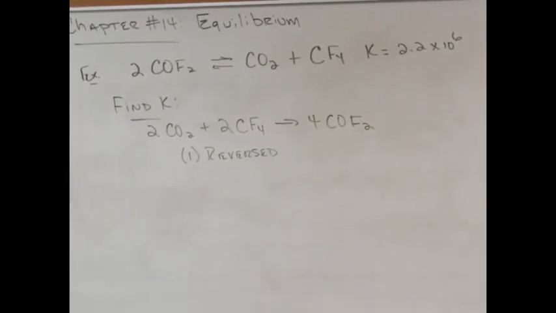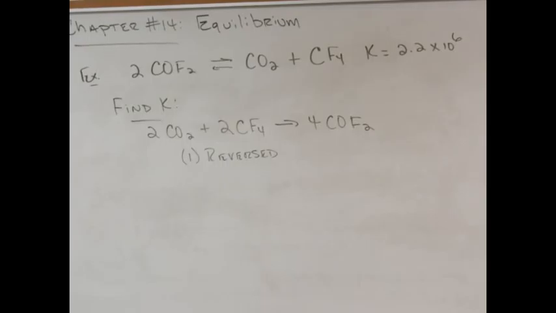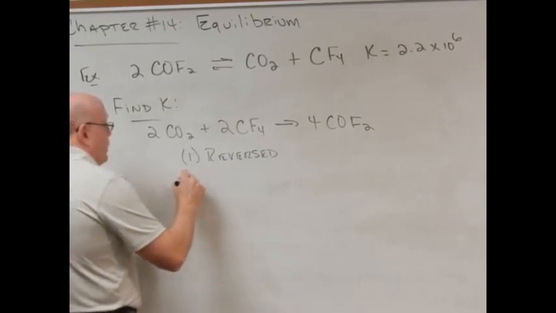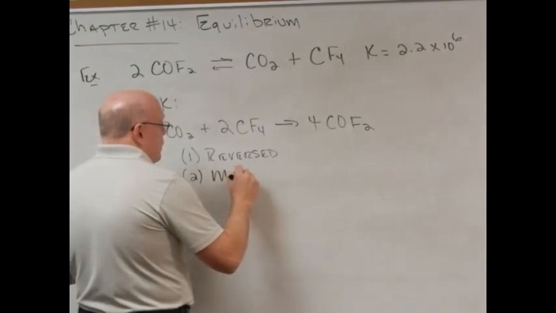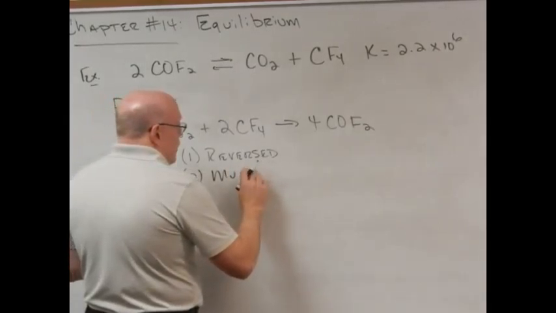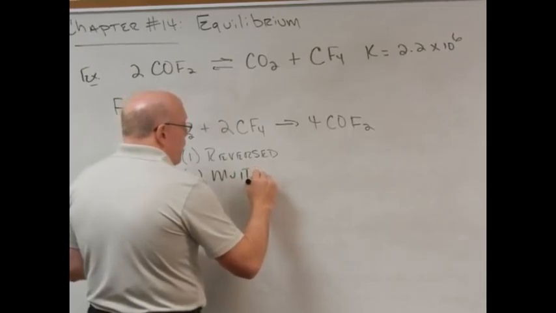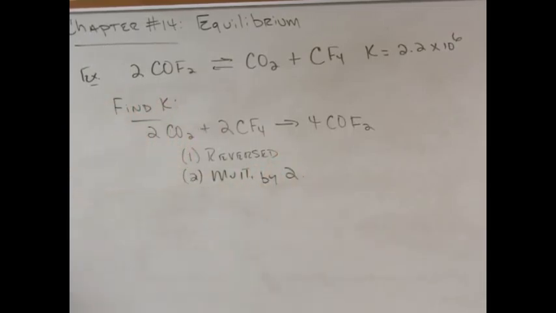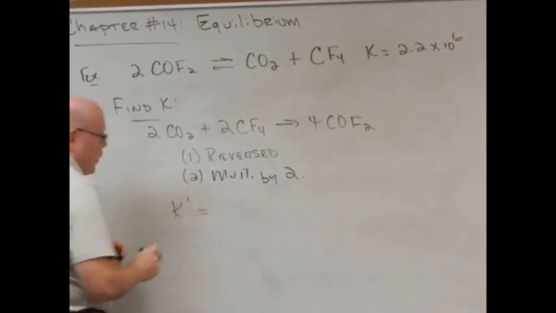Second thing they did, they've taken all the coefficients and multiplied them by 2. So based on the rules, if we're asked to find the new equilibrium expression, we have to apply the rule there. The rule says that if I flip a reaction, I have to do 1 over. Other rule says if I raise it to a coefficient, I have to raise it to that power that they multiplied it by.